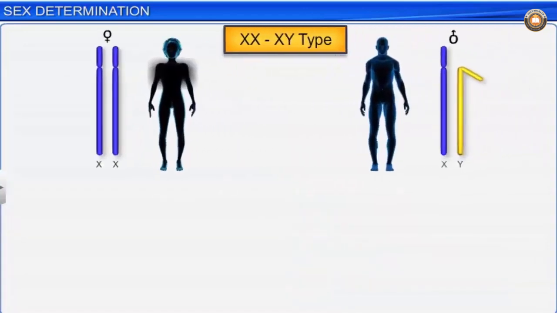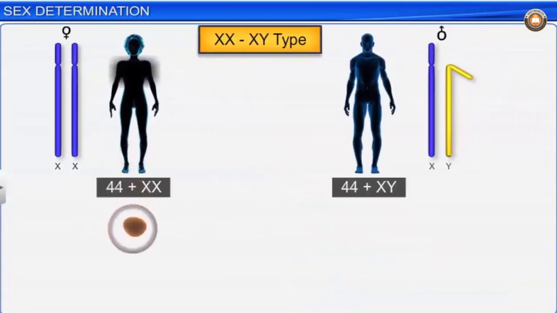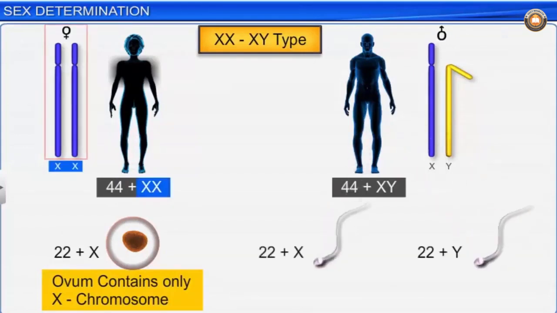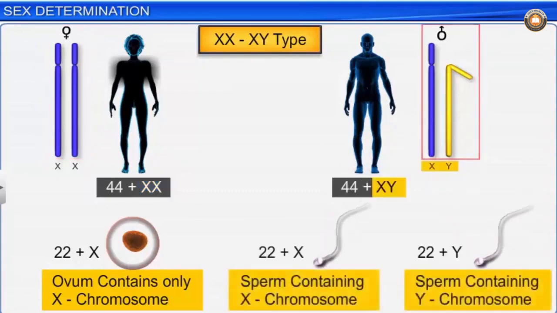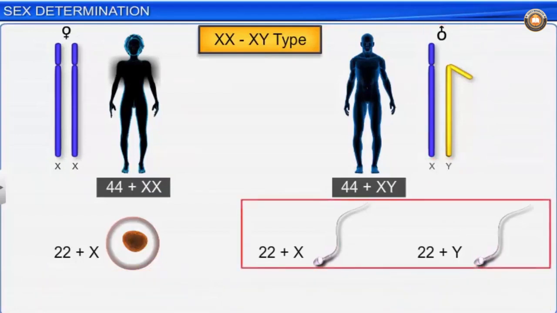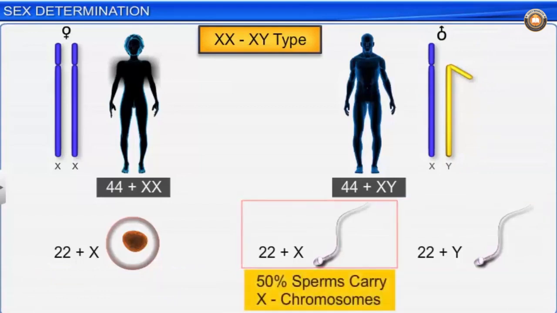In other words, the ovum produced in females contains only X chromosome, while in males, two types of gametes, X and Y, are produced during the process of spermatogenesis. Of the total sperms produced during spermatogenesis, 50% carry X chromosomes, while the remaining 50% carry Y chromosomes.